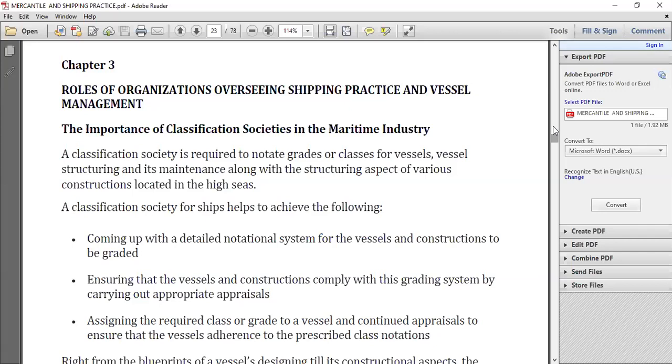Their role is always to inspect the ship once it has been constructed, and once they have inspected that particular ship, they give it what we call a certificate of class.